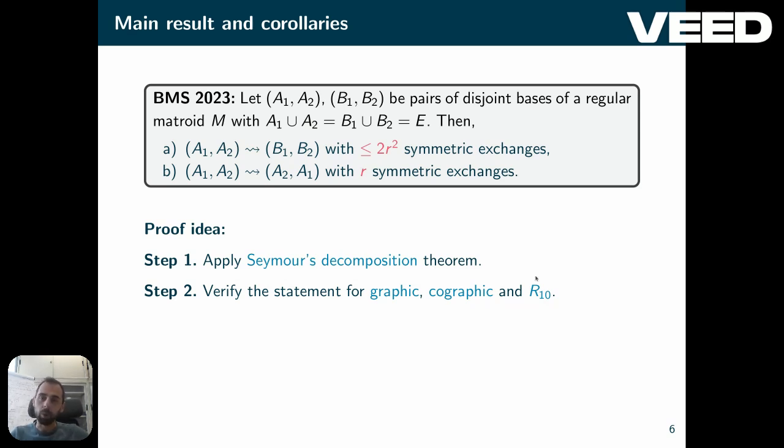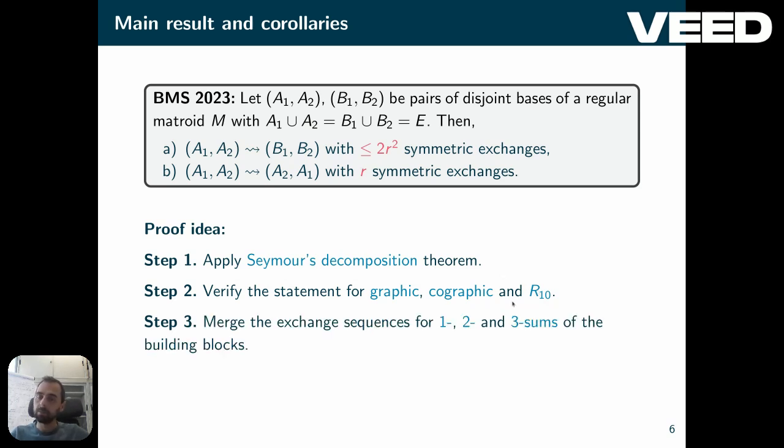And one can hope that if we find these sequences in these smaller parts, then somehow we can merge these sequences together at the end. And this indeed seems to be a very simple approach. The problem is that performing the last step, the merging step, is far from being obvious. It's not clear how to merge these sequences in the smaller parts to obtain a correct sequence in the original problem. And in fact, it turns out that you really have to be careful in how to do that.